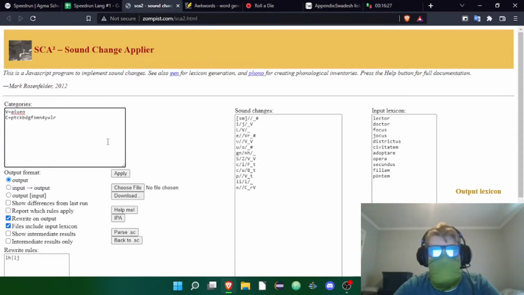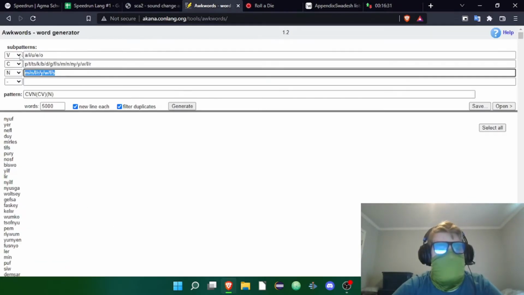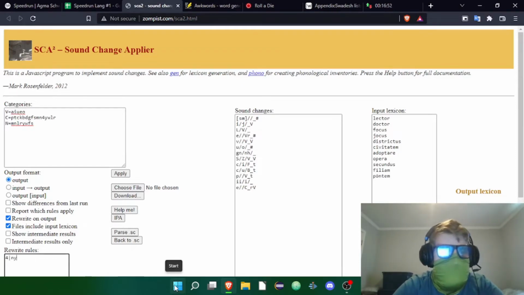So then let's get back our categories. I think I'm getting the hang of awkwards now. Can you tell? Not awkwards, SCA2. I haven't used this a whole lot. But I've found that actually doing my sound changes manually saves time. And then under the rewrite rules, we'll have 4 go to nya, and then C to tsa.